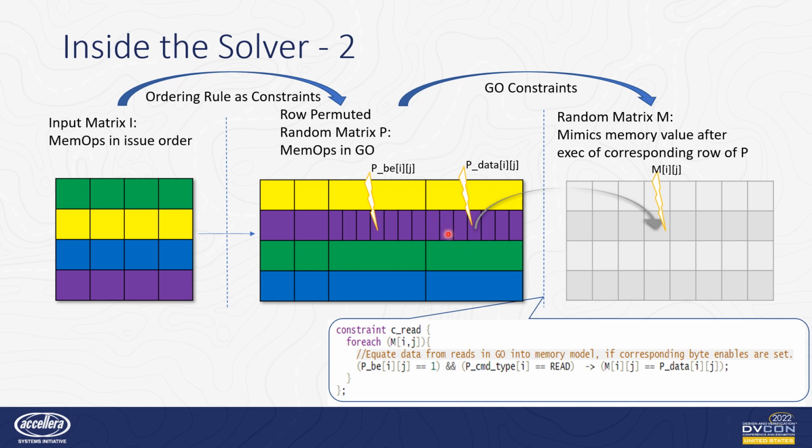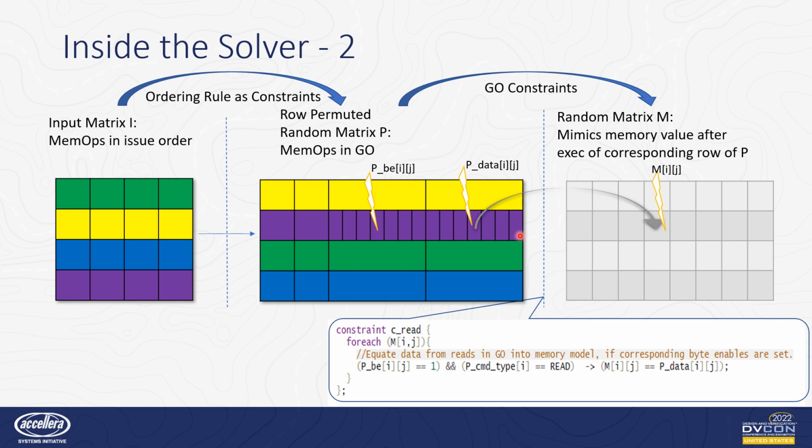But the problem is that these memops are actually reads with multiple bytes, and there are writes with byte enable holes. Because of that, this property that I just mentioned doesn't hold true.